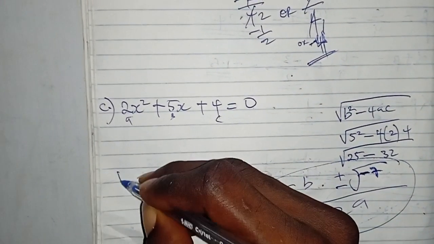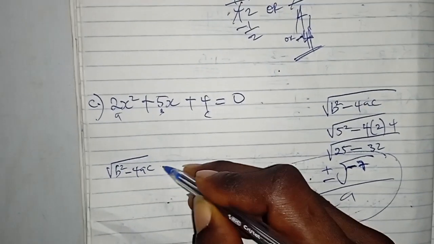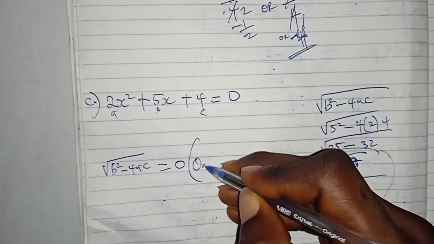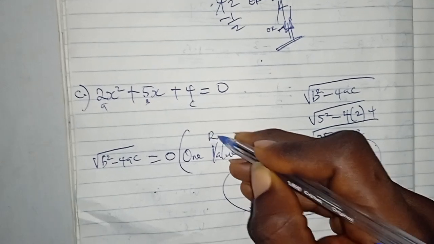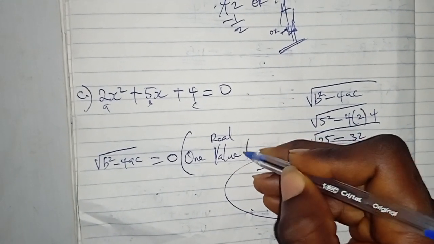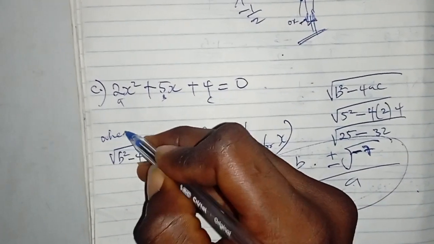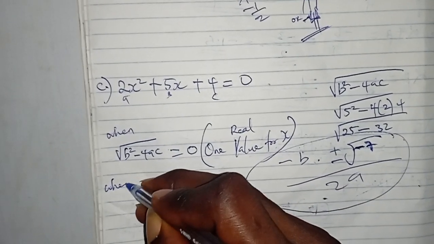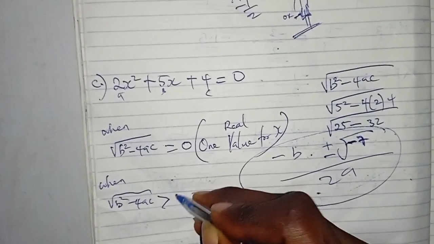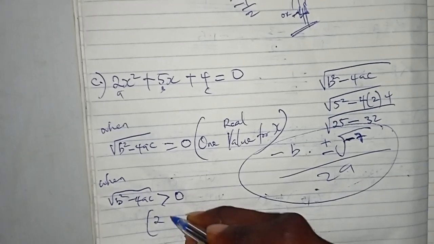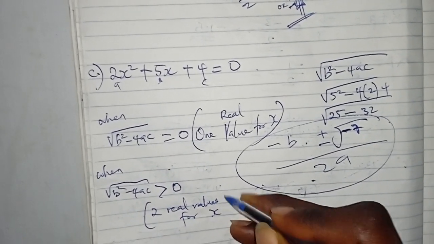So in summary, once root b square minus 4ac equals 0, you have one value, and it's going to be one real value for x. Then when root b square minus 4ac is greater than 0, you have two real values for x.